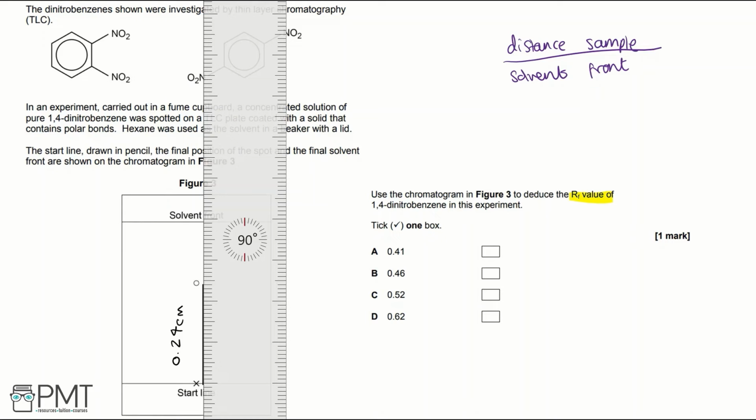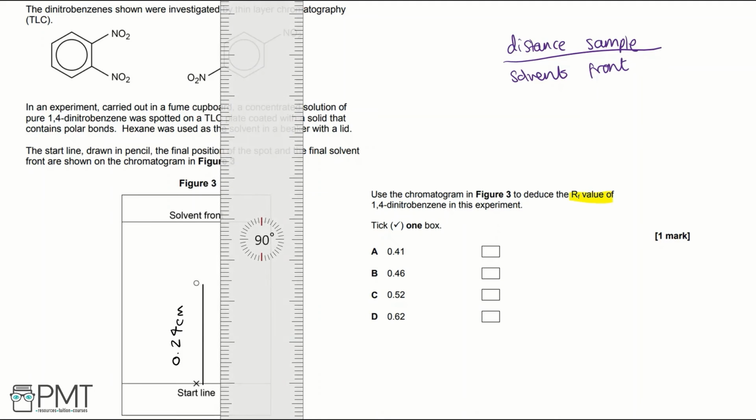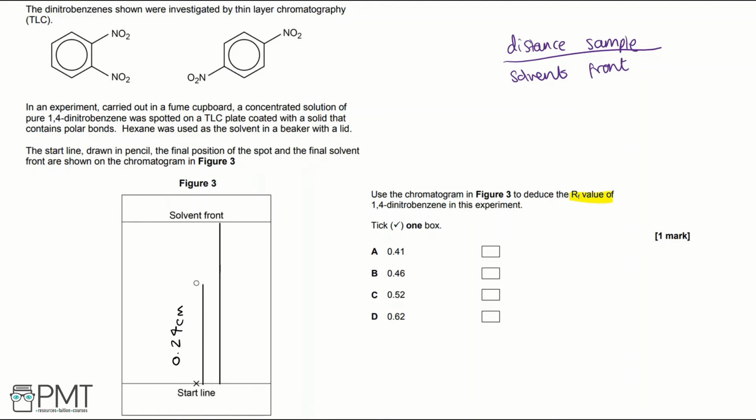And then we need the distance that the solvent front has travelled. So this is approximately 0.39 centimetres. So then if we divide this, 0.24 divided by 0.39, that equals 0.62. So then the answer is D, which we can tick the box. To get the mark for this question, you must tick box D.